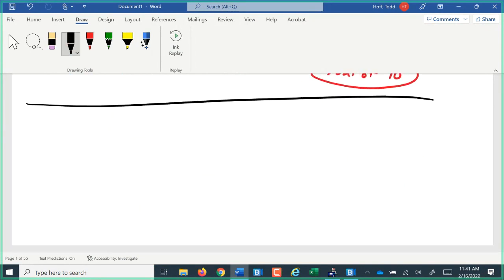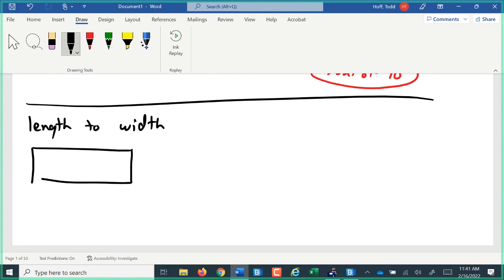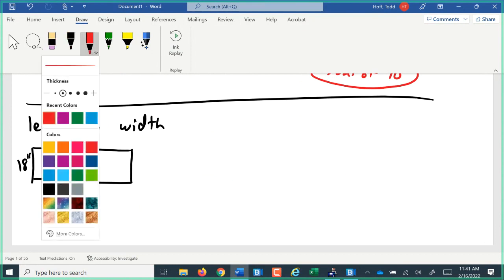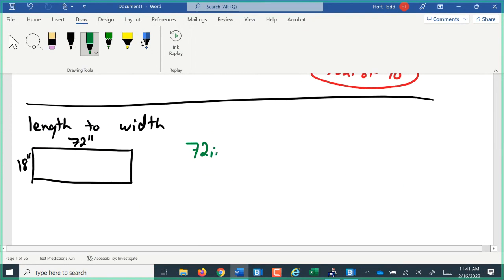Let's take a look. I know you guys can't see my room here real well, but I have tables in my room. We could do a length to width ratio. Tables are 72 inches long and 18 inches wide. Now length to width implies that the length is going to come first. I'll put the 72 inches first over the 18 inches.